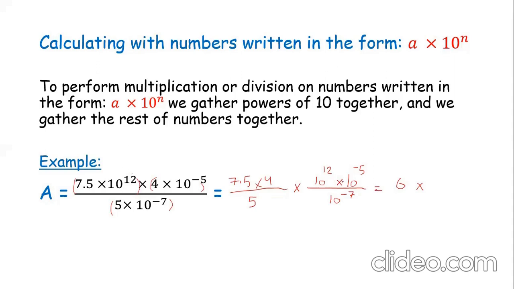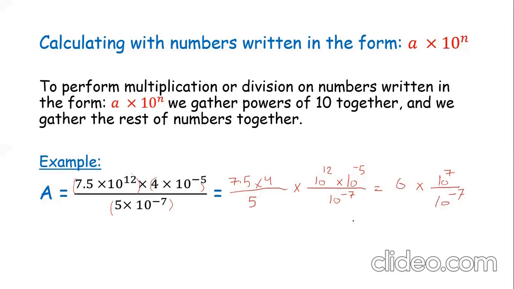So here, 10 to the power of 12 multiplied by 10 to the power of minus 5 is equal to 10 to the power of 12 plus minus 5, which is 7, over 10 to the power of minus 7.